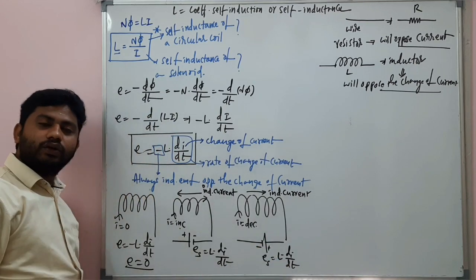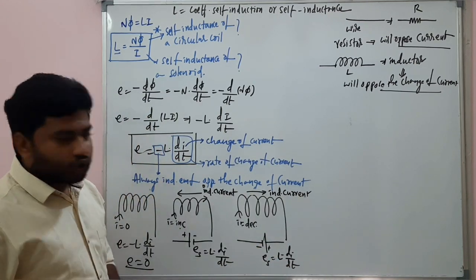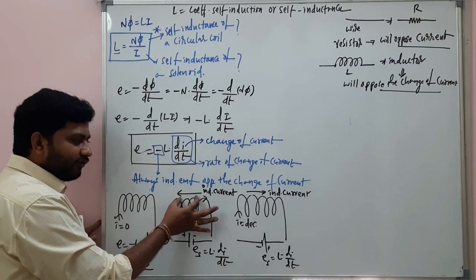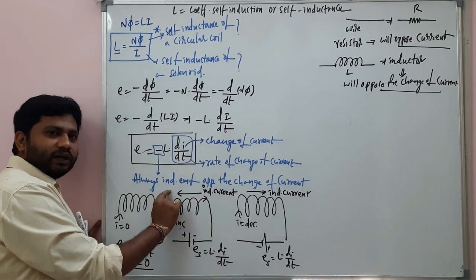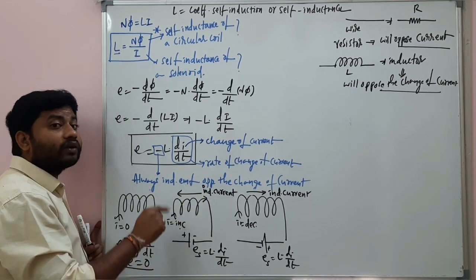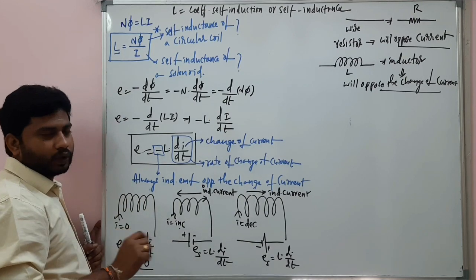Remember, L into di by dt. If the induced current direction is this one, generally current flows from the positive terminal to the negative terminal. As it is induced, this will be positive and this will be negative. This is what we discussed in Lenz's law.